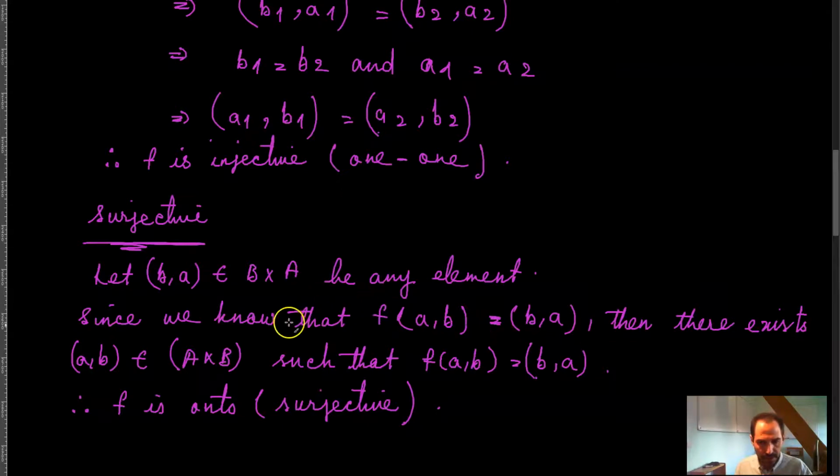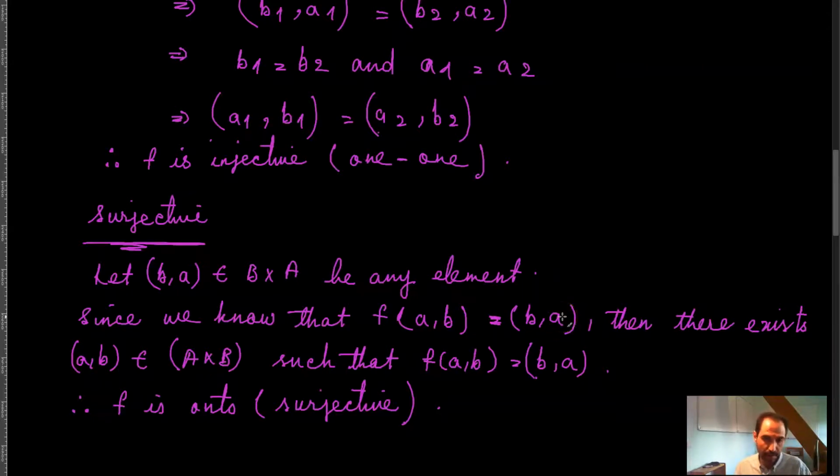So what this means is that based on the definition of the function, f of a comma b is equal to b comma a, then there exists, if I assume that b comma a is any element belonging to the codomain of the function, then of course, any typical b comma a is covered in this relationship, because for any b comma a there exists some a comma b such that f of a comma b is equal to b comma a.